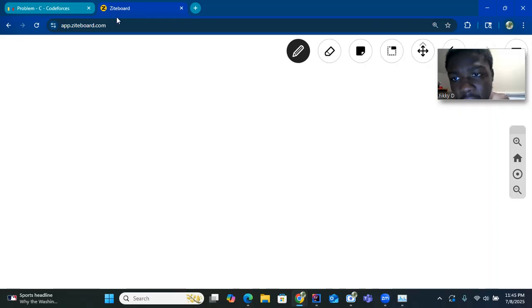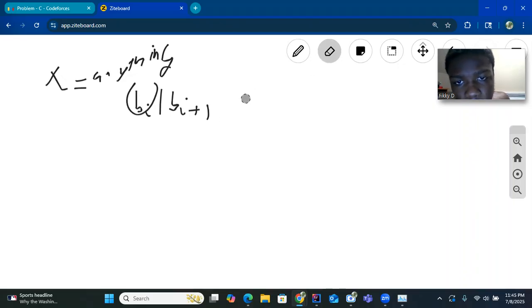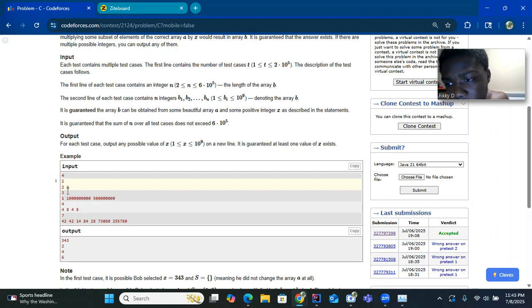For example, if for all i, b sub i still divides b sub i plus 1, then the value we choose for x can be anything we want. It doesn't matter. That's what the first test case tells us.